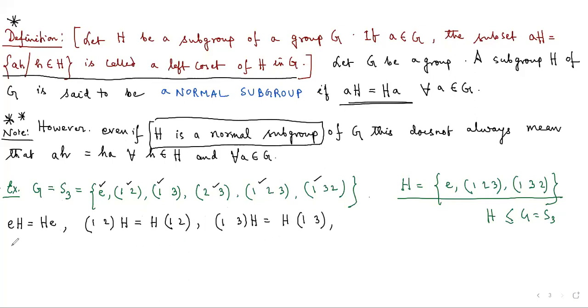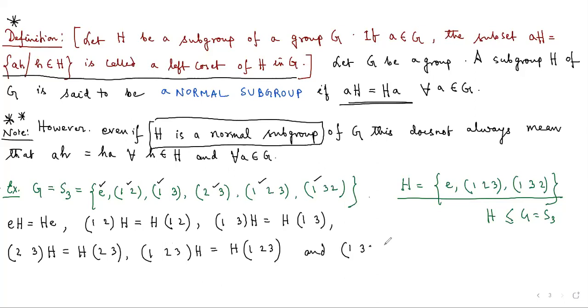Not only this, it can also be shown that (2 3)H is equal to H(2 3). Then (1 2 3)H is equal to H(1 2 3). And lastly, we can also show that (1 3 2)H is equal to H(1 3 2).